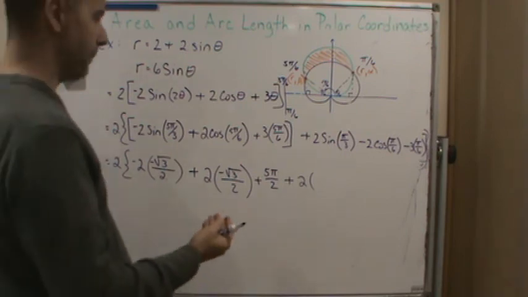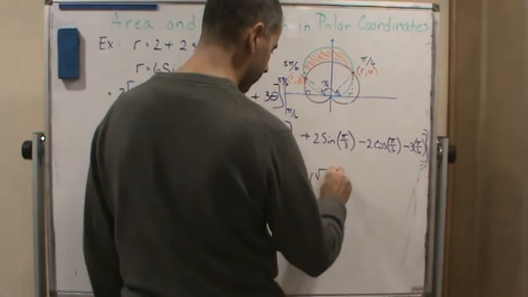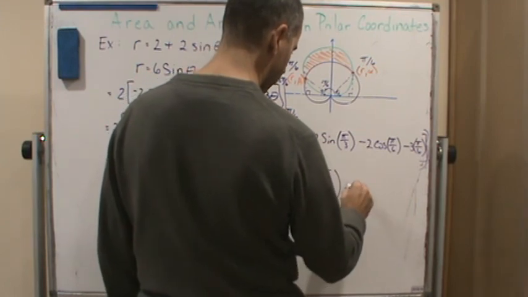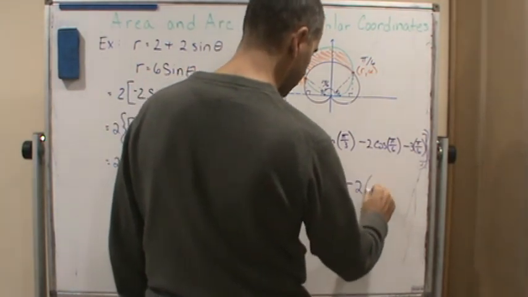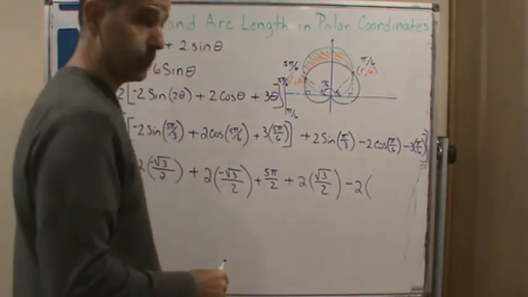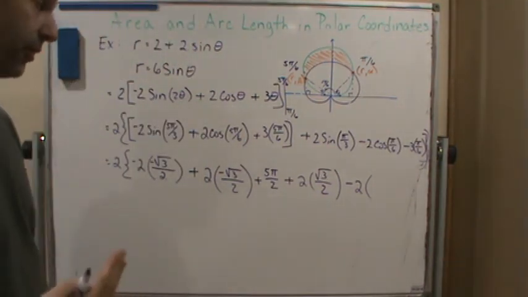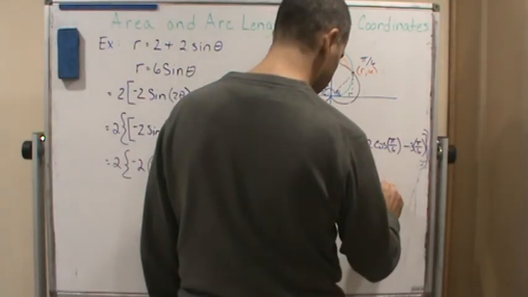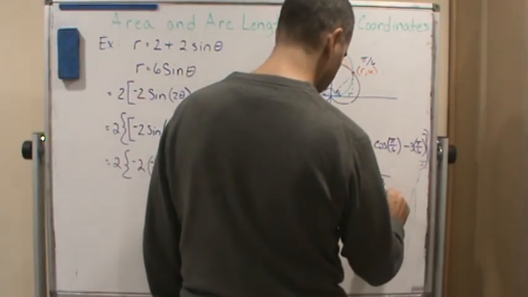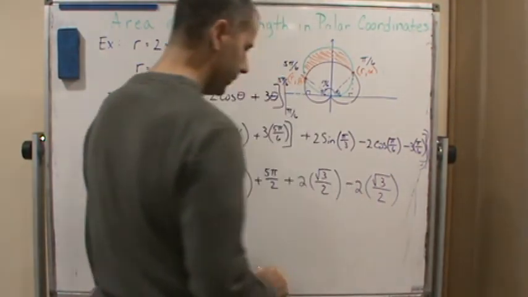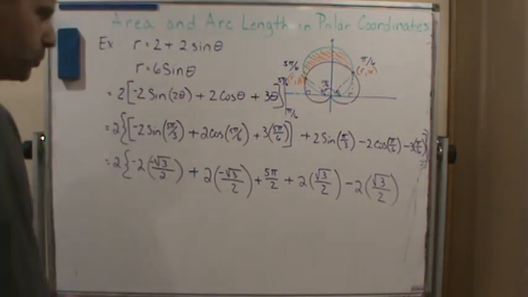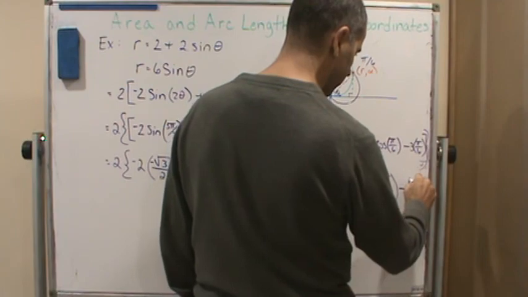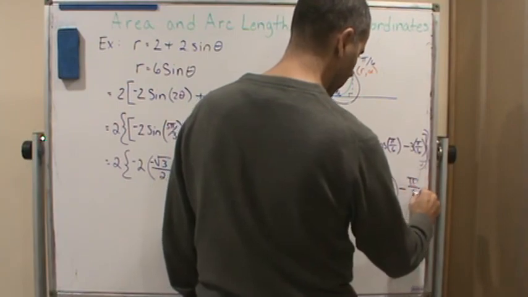So that's going to be opposite. So this is going to be positive square root of 3 over 2. Minus 2 times the cosine of pi over 6, which is the cosine of 30 degrees, which is the same as sine of 60 degrees. So this is also going to be the square root of 3 over 2. And then minus, this is just going to be pi over 2.